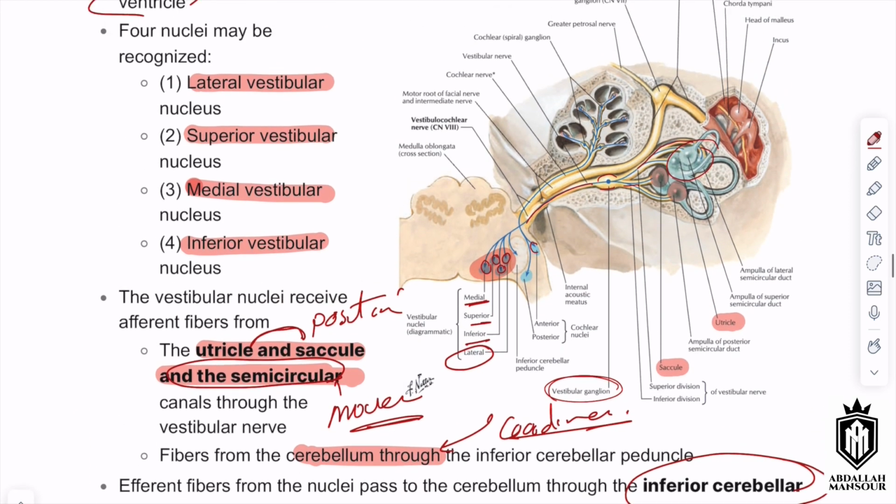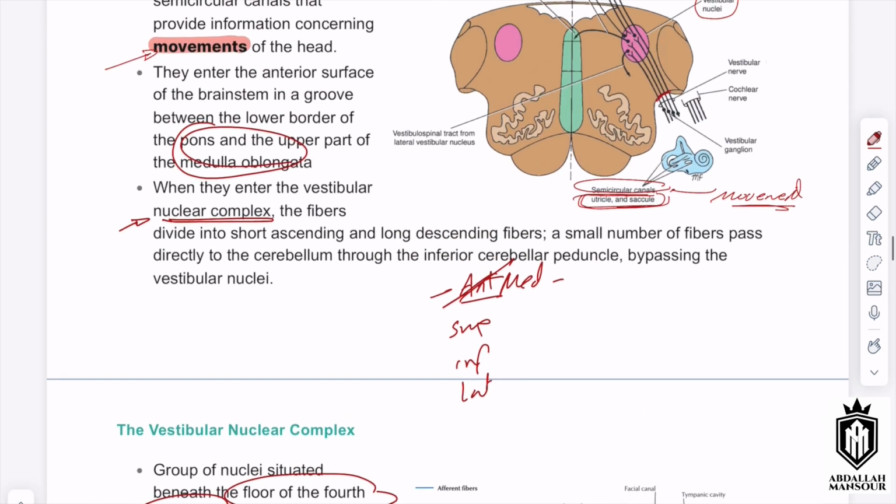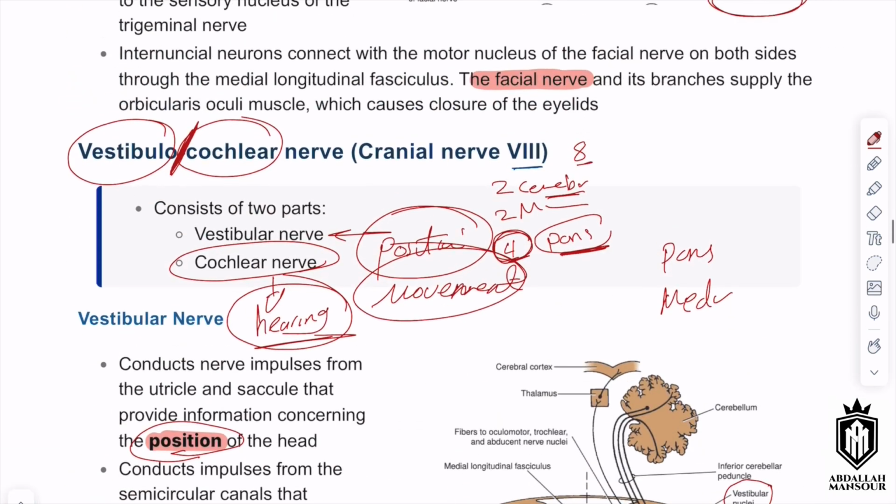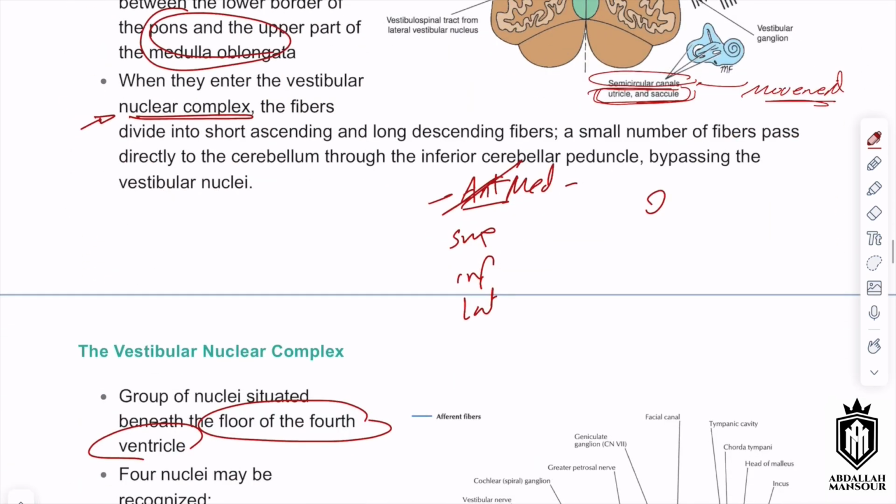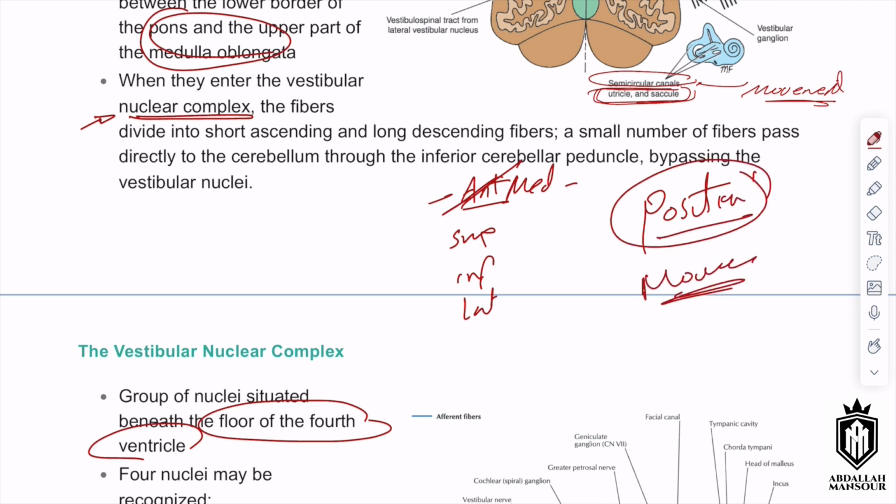So basically, this is the vestibular nerve. As we said, the vestibular nerve is interested in 2 things. 1, your position. 2, your movement. The position in the middle ear comes from the utricle and the saccule, and the movement comes from the semicircular canal.